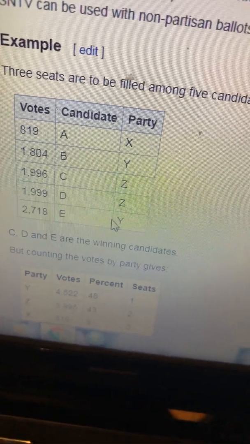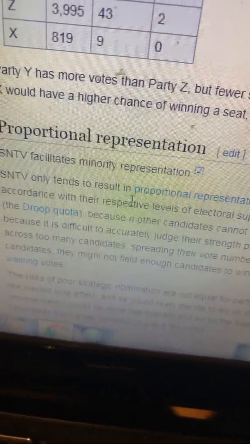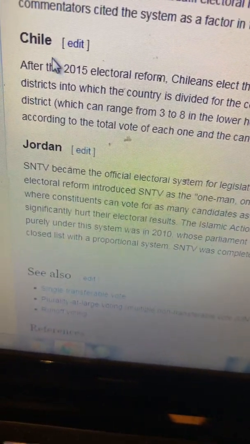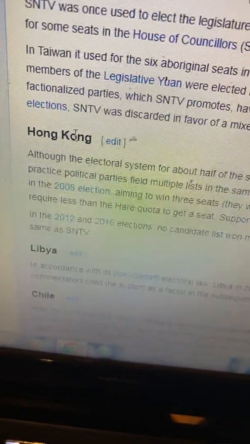So Z party got 2, Y party got 1, 3 seats. It's like in Jordan or Chile, from Libya, Hong Kong.